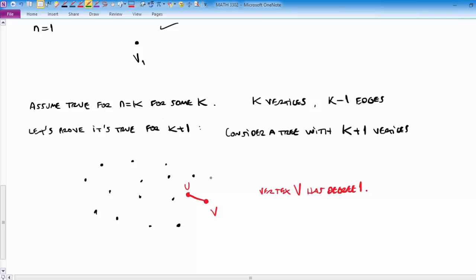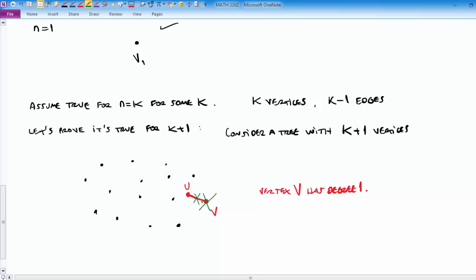Now we're going to remove this vertex. Delete that vertex and delete this edge just for a moment. When we do that, what is left is also a tree. And why is it a tree? Well, because when we had this edge and this vertex, the graph was a tree.